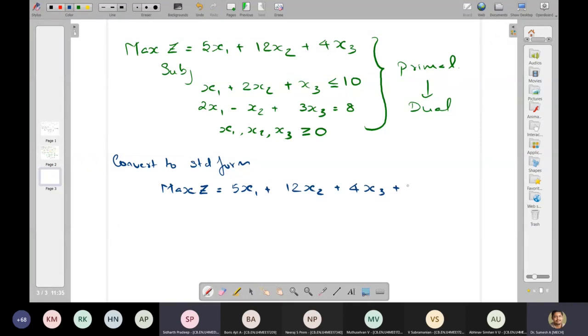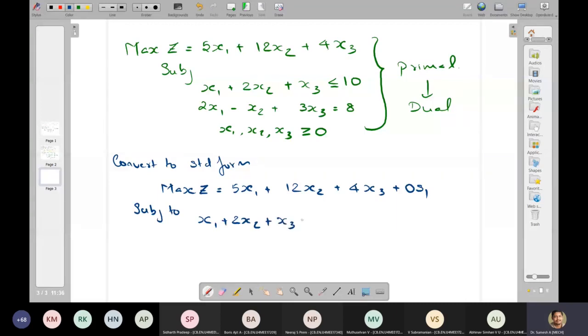Subject to x1 plus 2x2 plus x3 plus s1 equals 10.